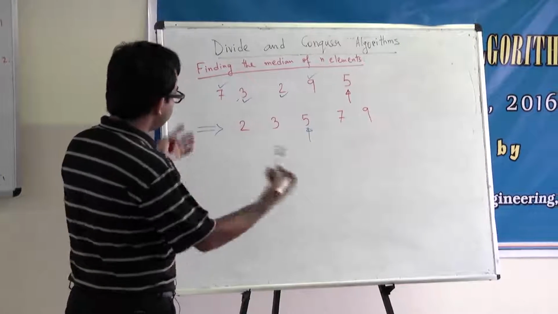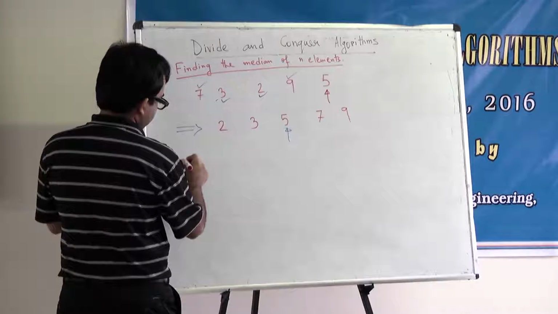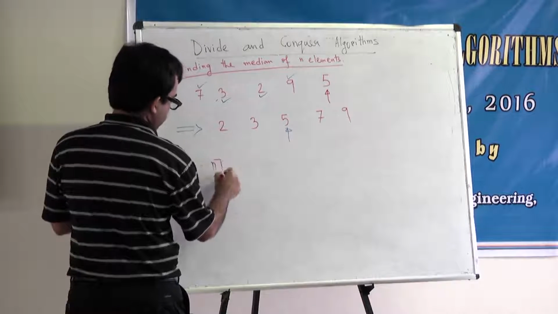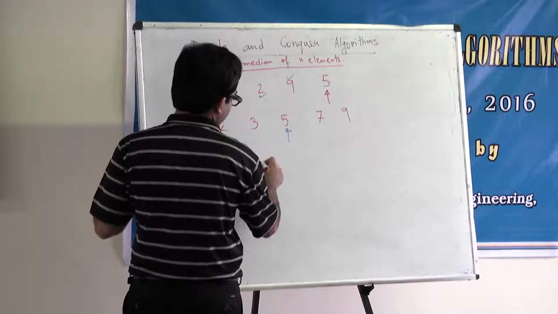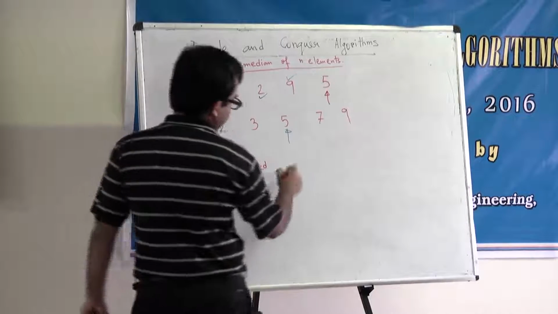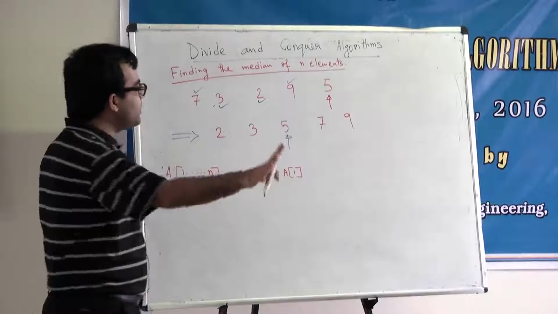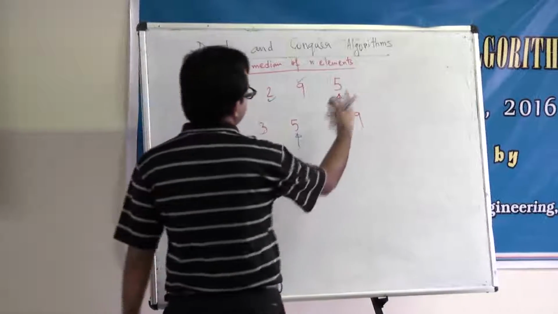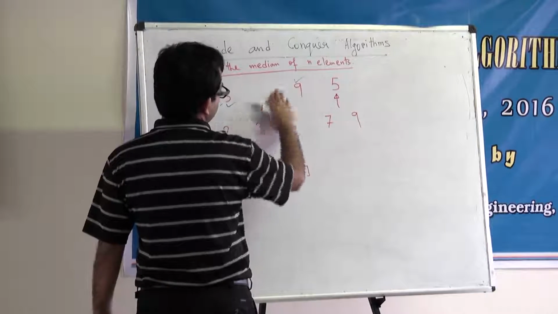Now, suppose you are given this array, and suppose the array is sorted already. One other thing, you need not worry about this corner case much, but suppose there were an even number of elements. Let me erase this 2.